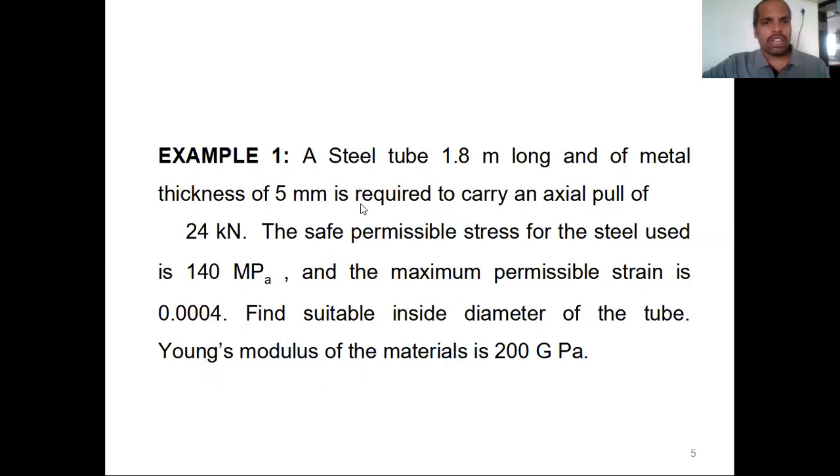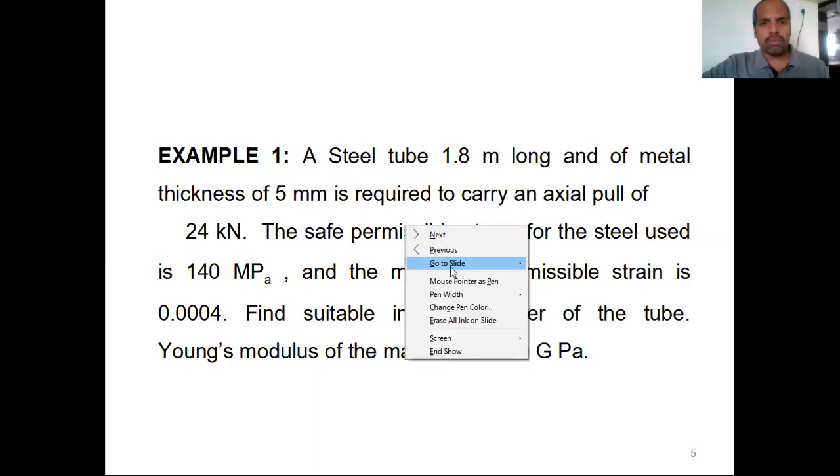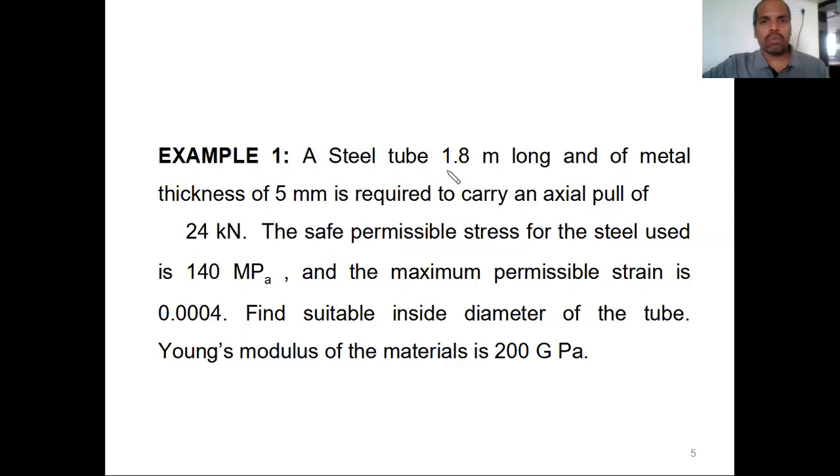Right. So what is given in this problem? A steel tube. The initial length is given, 1.8 meters, and the thickness is given, 5 mm. The diameter is not given.